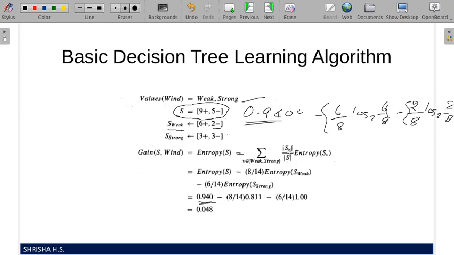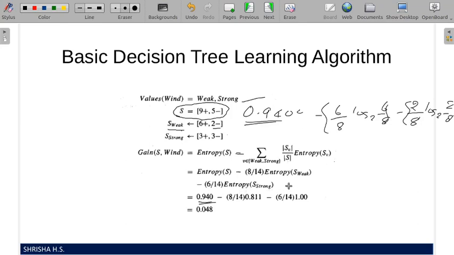Also minus, the other value is strong. How many instances have the value strong? 6 are there. 6 by the total number of instances, 14, multiplied by entropy of strong.